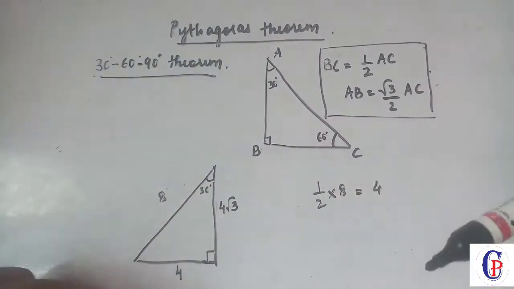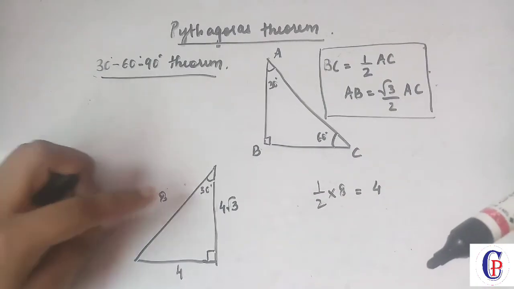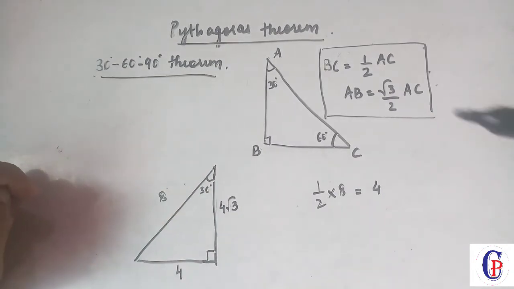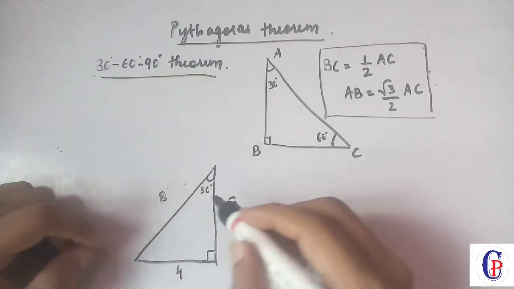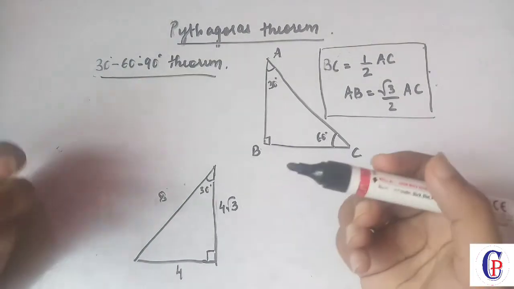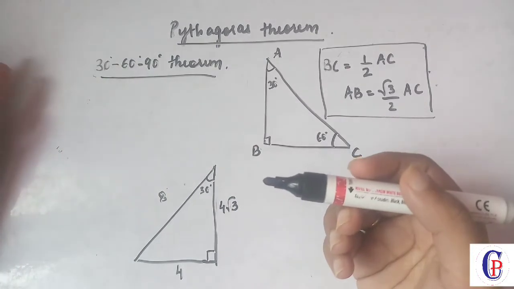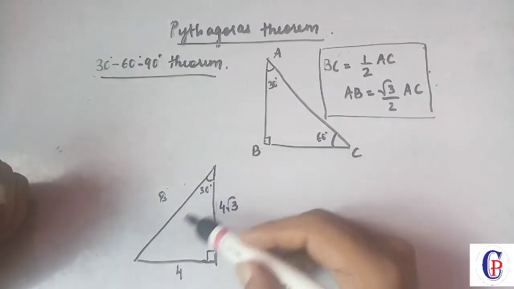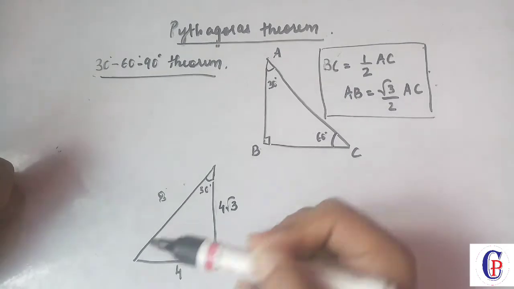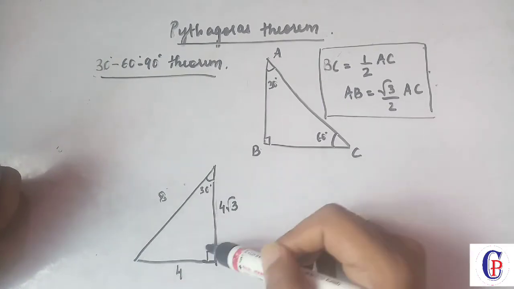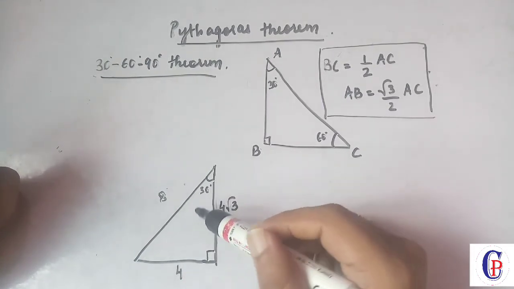So if this 4 is half of this 8, it means this angle is 30. So we are talking about the converse. And you can just apply the sum of the angles of a triangle theorem: 30 plus 90, and the remaining should be 60 degree, because the sum of all the angles of a triangle is 180.